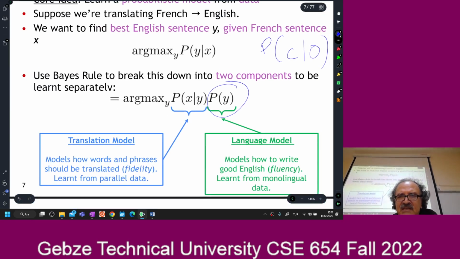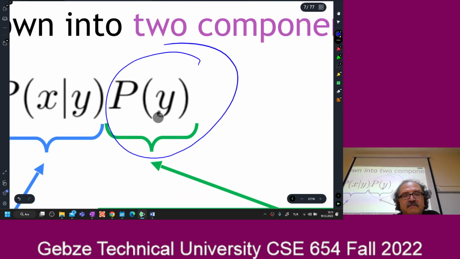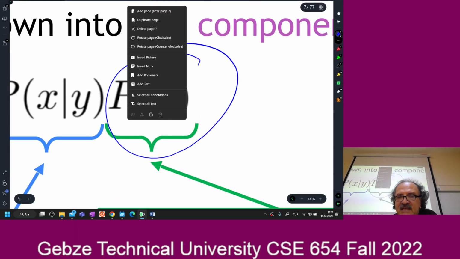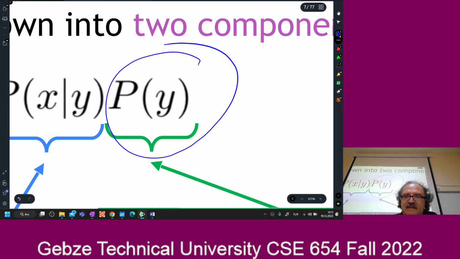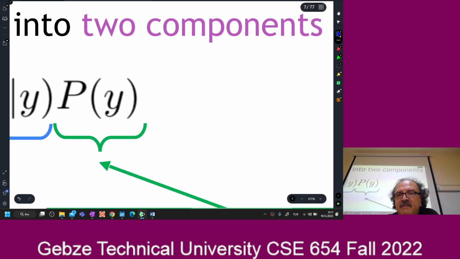So this is the translation model, this is the language model. I solved this problem before, right? Using statistical language modeling, I solved this problem. If somebody gives me an English sentence, I can assign a probability to it, right?